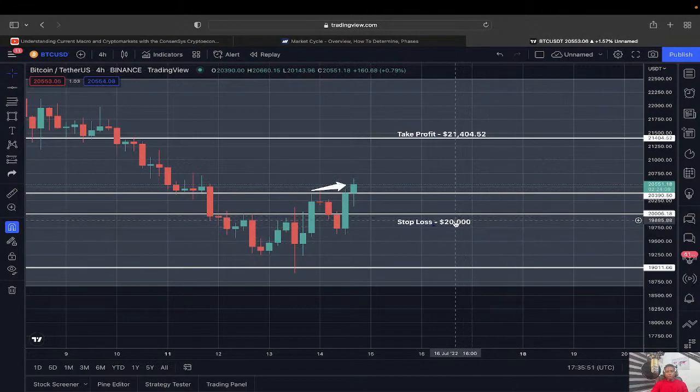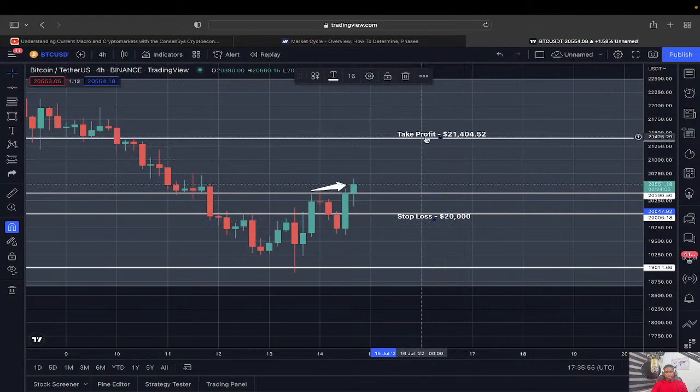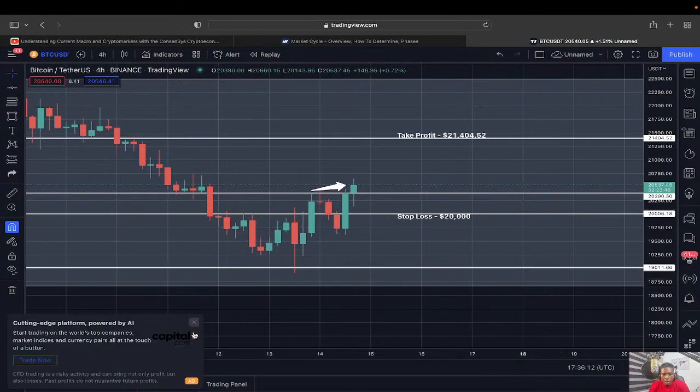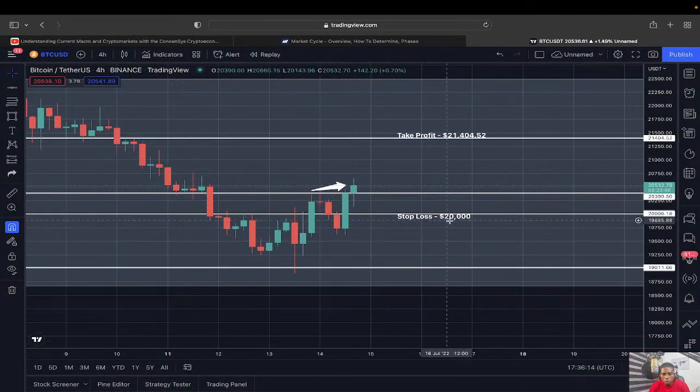Okay, so our stop loss is here. Our take profit is here. Our stop loss is here and our take profit is here. Now this would help us to manage our risk.